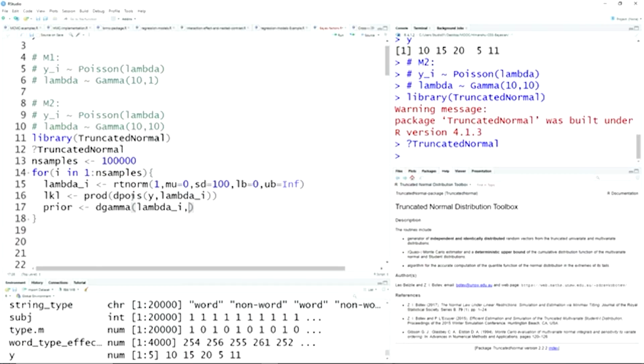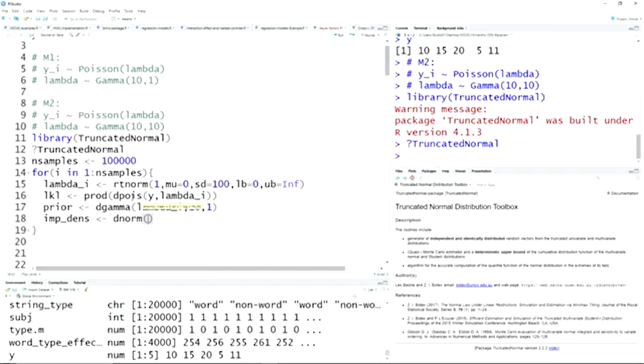and tan 1. Model 1 says that a prior is gamma tan 1, and importance density will be d norm. You should use d trunc norm, but I don't think I have a function for d trunc norm in this package. So I am just using d norm for simplicity, but you should use d trunc norm because we want density from truncated normal distribution.